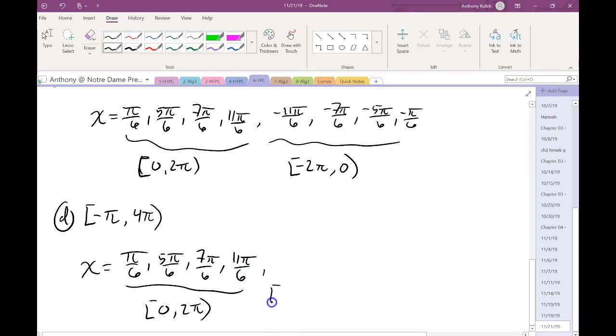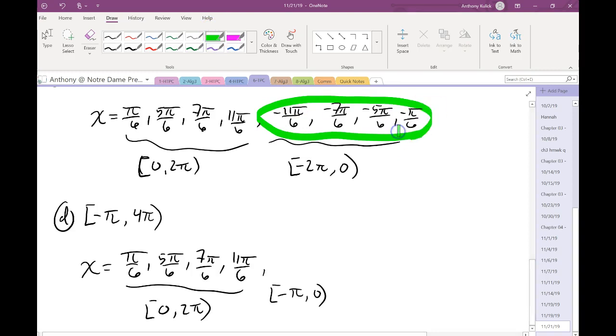And then let's figure out the part from negative pi to 0. And we can do that using some of our answers from part C. We won't take all of them though.